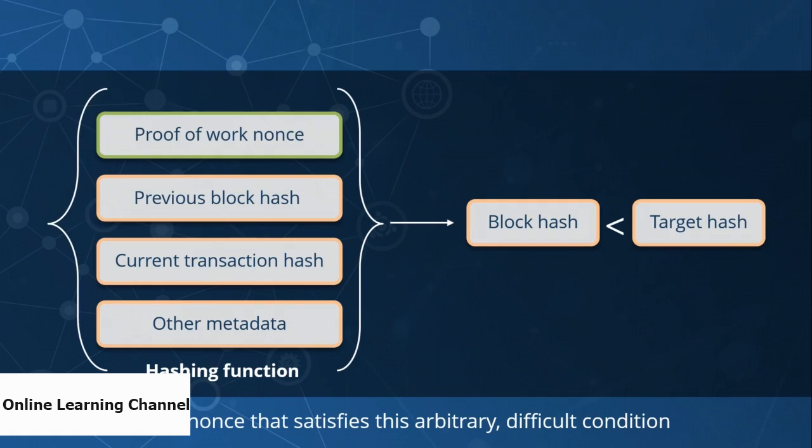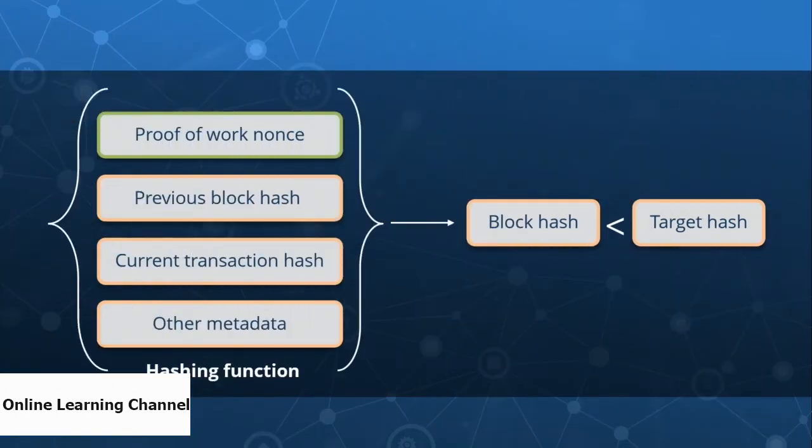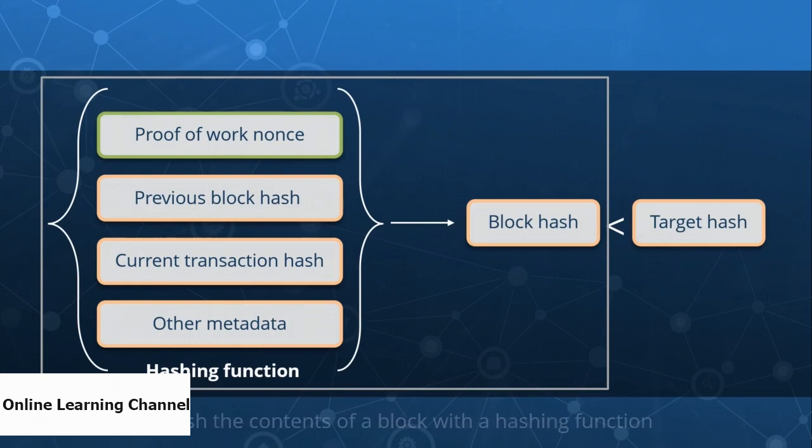Now, it is very unlikely that a miner will be able to get a block hash fulfilling this condition at the first attempt. And since you cannot reverse engineer a hash output, that is, work out what input is necessary in order to produce a given hash, what a miner will need to do is to keep tweaking the inputs to the hash function until it generates a block hash which fulfills this condition, which along with the other block data is able to generate such a block hash.